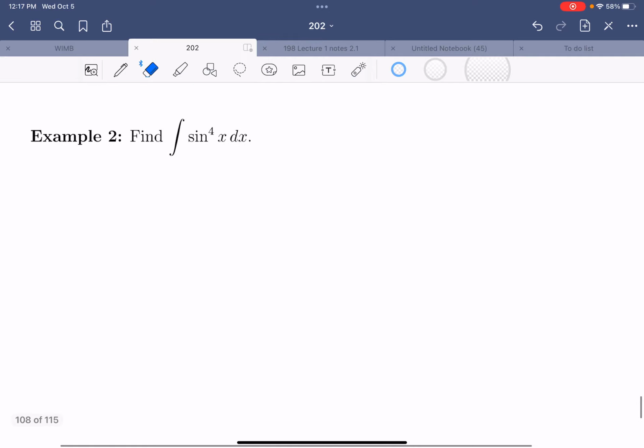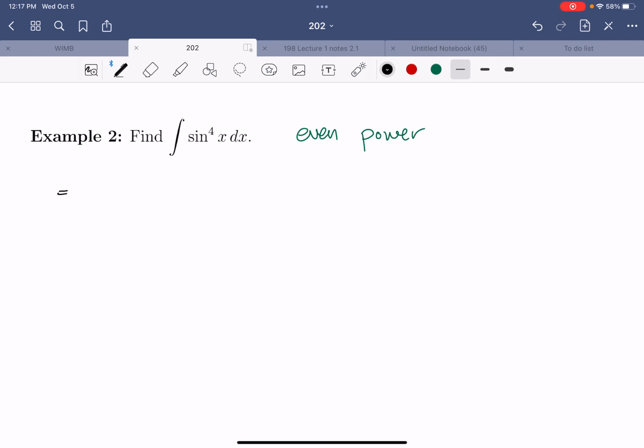Okay, here's another one. This time we have an even power. With even powers, I'm going to try to convert this using my double angle and half angle formulas. So this is the integral of sine squared, squared.